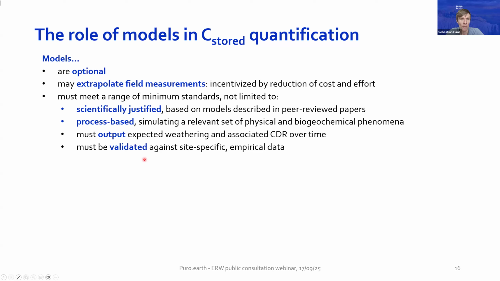In order for models to be fit for quantifying C stored, they must meet a range of minimum standards that includes, but is not limited to, being based on models that are described in peer-reviewed papers, being process-based, simulating a relevant set of physical and biological phenomena. They must output expected weathering and associated CDR over time, and they must be validated against site-specific empirical data.